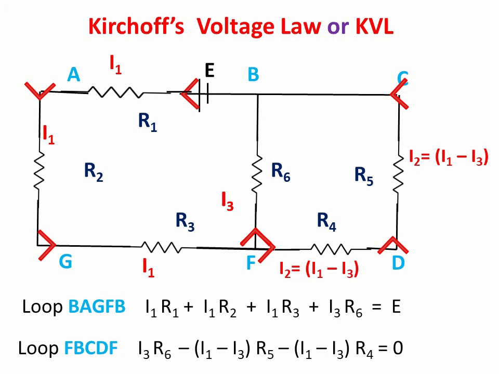Then C to D, the current is I2, which is nothing but I1 minus I3. The resistance is R5, so I1 minus I3 into R5. But in C to D, this is the assumed loop current. What about the original current direction? D to C. Both are in opposite directions, so you have to put minus: minus I1 minus I3 into R5.